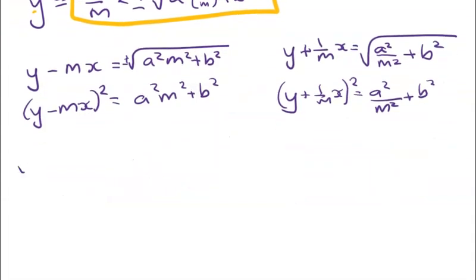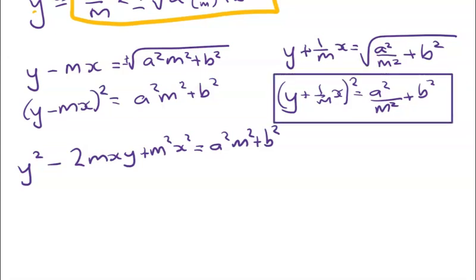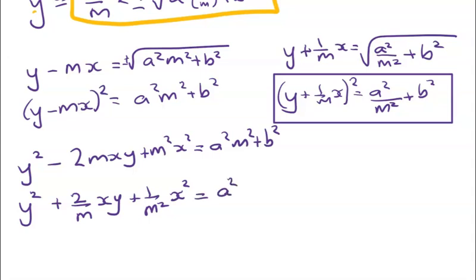So tangent 1 gives me y squared minus 2mxy plus m squared x squared is equal to a squared m squared plus b squared. And I'm going to write this one out underneath the first one. So I get y squared plus 2 over m xy plus 1 over m squared x squared is equal to a squared over m squared plus b squared.